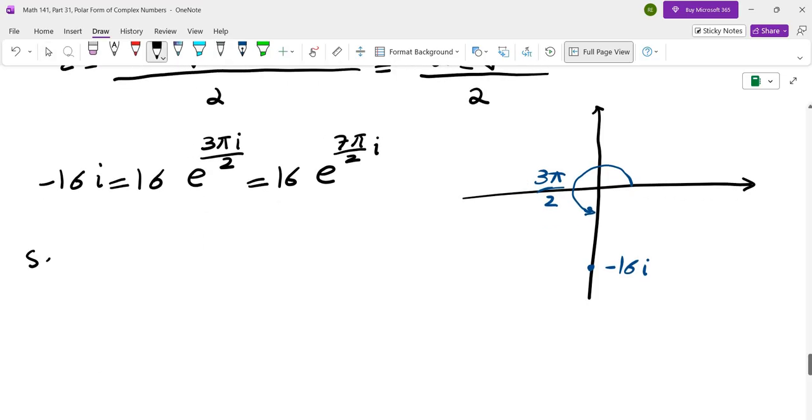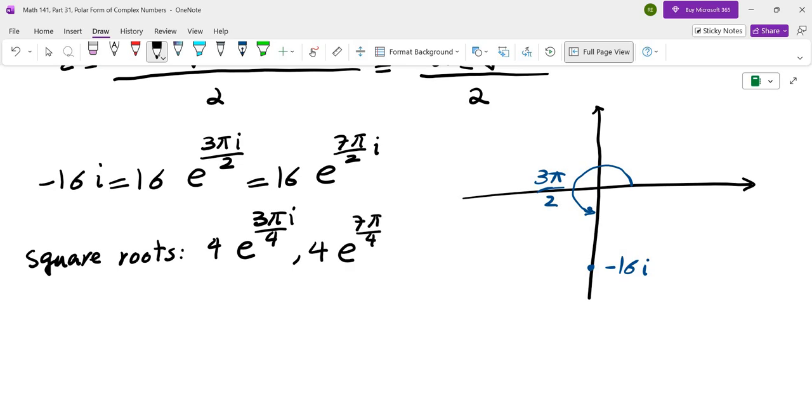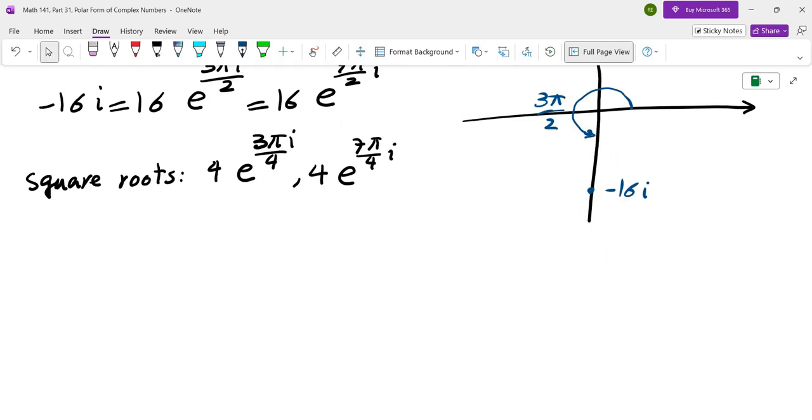Now we can take the square root. So the two square roots are going to be 4 e to the power of 3 pi i over 4 and 4 e to the power of 7 pi over 4 times i. Let's evaluate these.